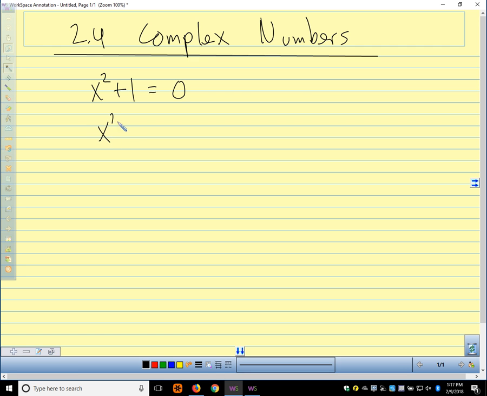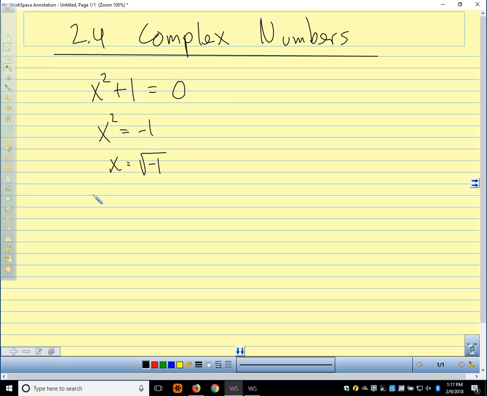But when we try to solve it, we get x squared equals -1, and x equals the square root of -1. And we don't know of any numbers where you square them and you get a negative number. Well, mathematicians say, what if we just say there is something that we square and we get -1?